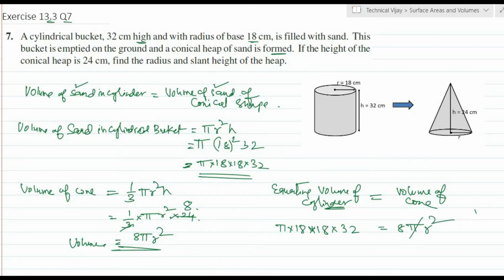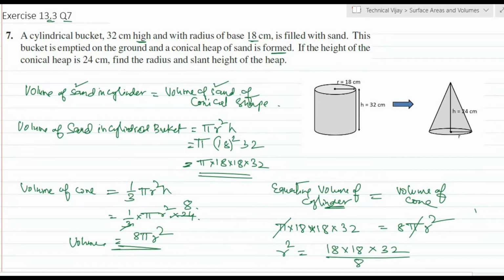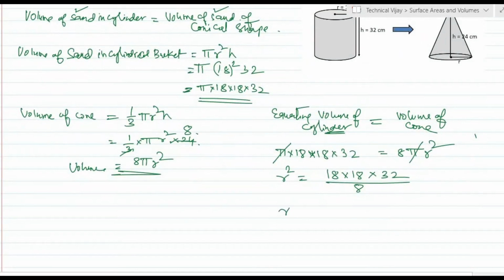This pi and this pi get cancelled. So r square is equal to 18 into 18 into 32 divided by 8. Now 8 4s are 32. So here this is 18 into 18 into 4.